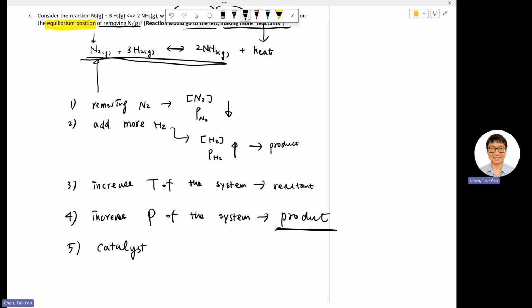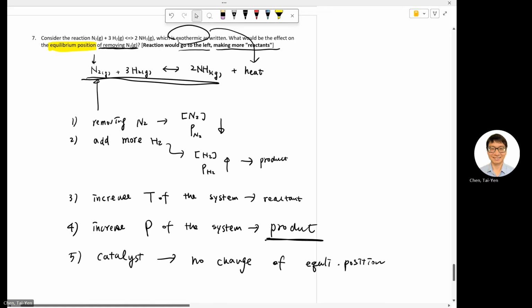So, no change of equilibrium position. Recap. Keywords: equilibrium position. Once you see that, it is related to the Le Chatelier principle.